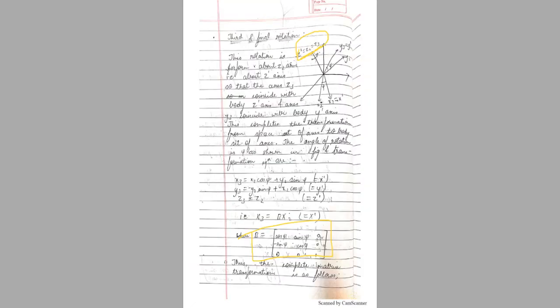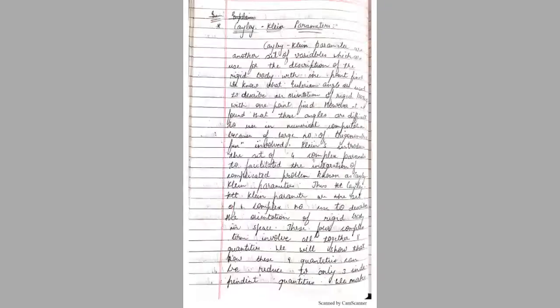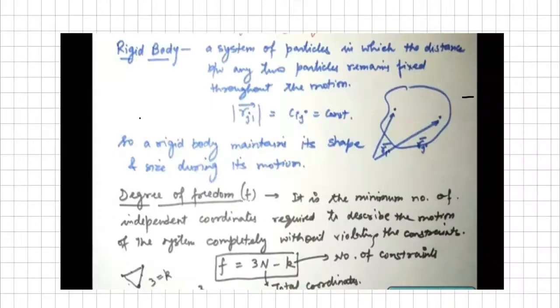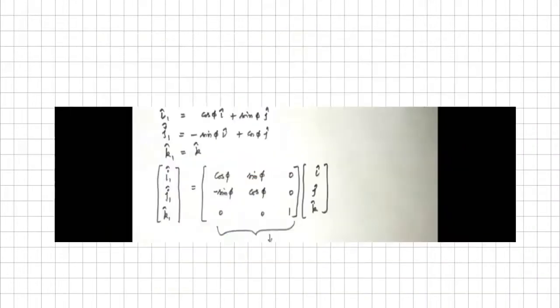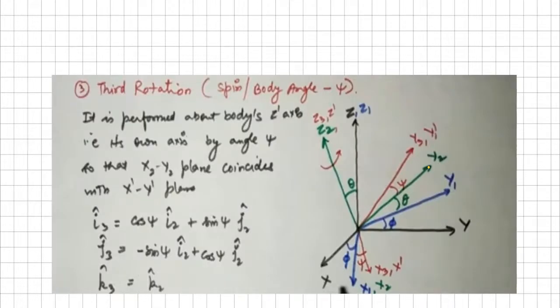So now they are saying that okay, fine, you have three different kinds of matrices. You have taken three rotations, but they have asked in the question to find one matrix that is responsible for rotation. They are asking which matrix helped us to transform the x-axis directly to x dash, the y-axis directly to y dash, and the z-axis directly to z dash.